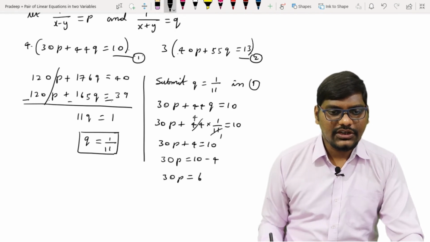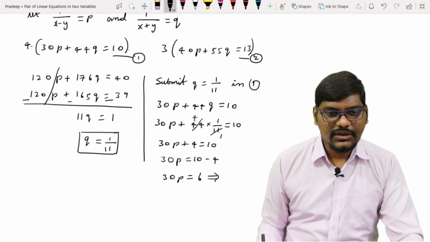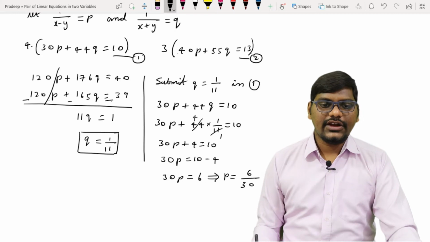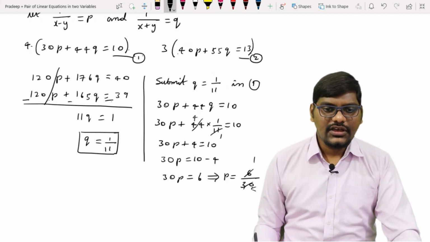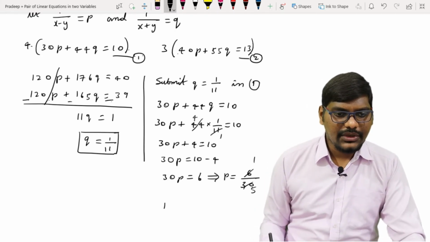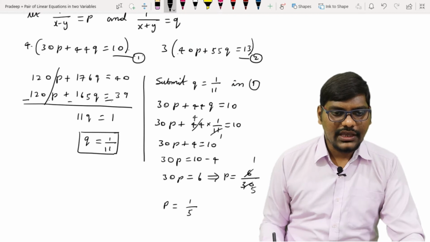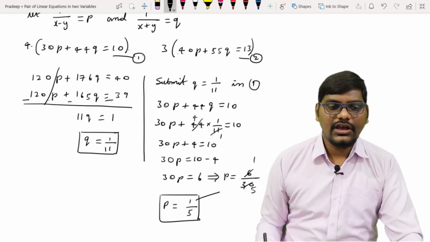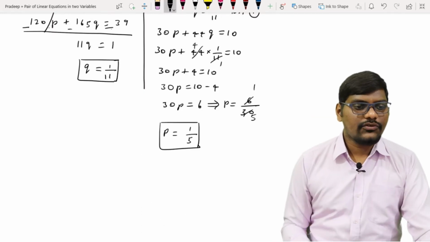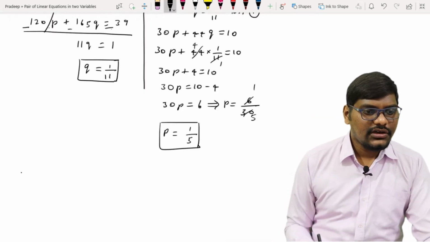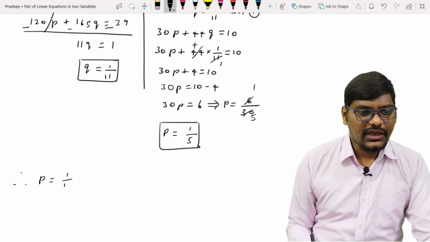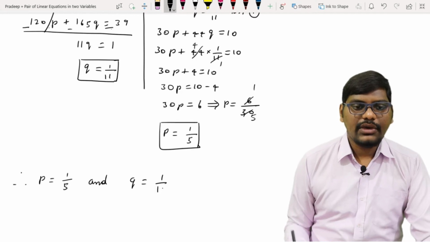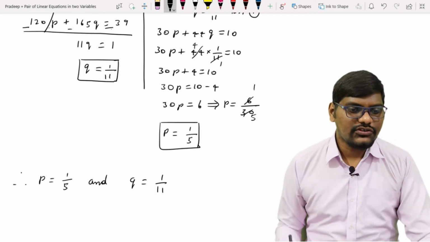Sending the 30 to the other side, p = 6/30. 6 1s are 6, 6 5s are 30, so p = 1/5. So the q value we got is 1/11, and the p value is 1/5. Therefore p = 1/5 and q = 1/11 are the values which we got.